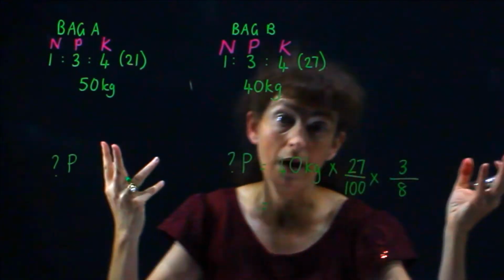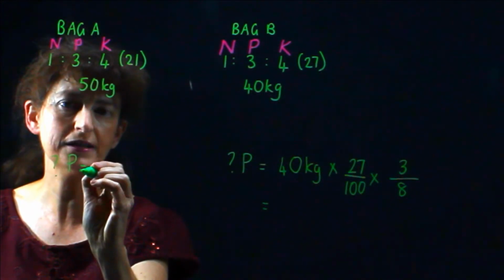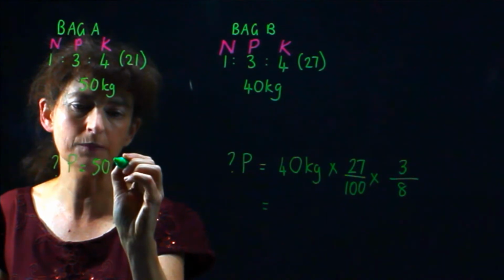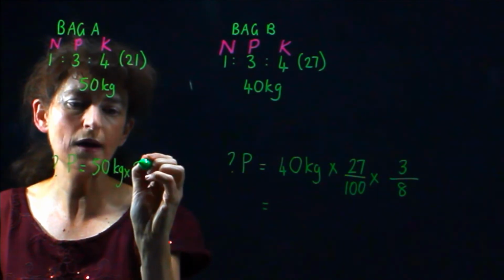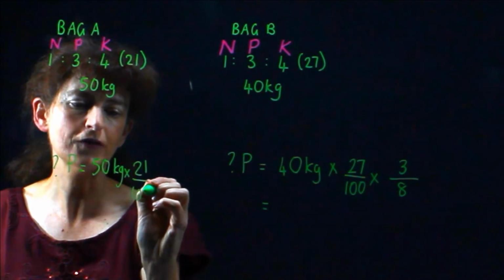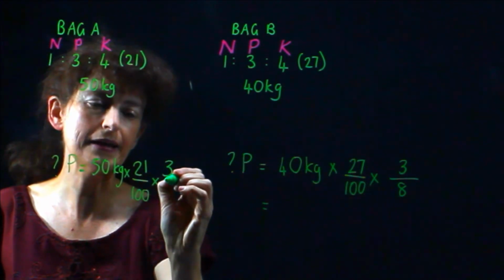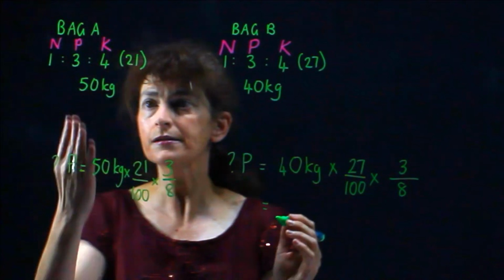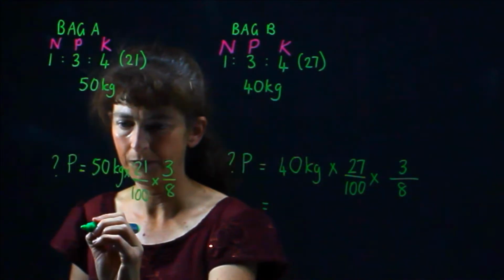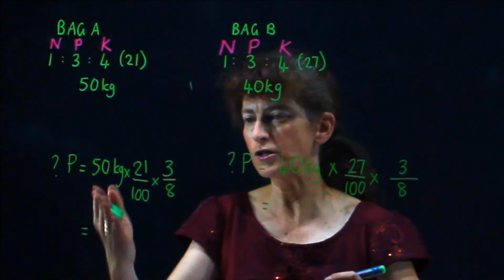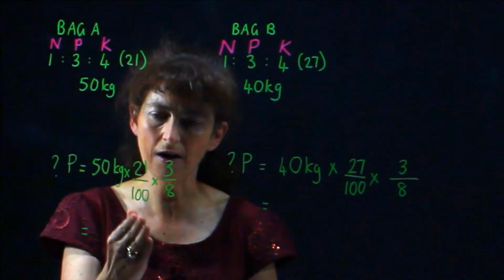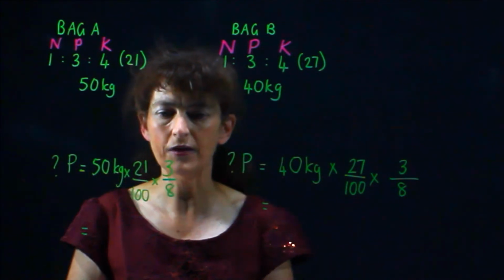Maybe we should have started with bag A. Let's do the same kind of process. So here we have 50 kilograms and 21% of it is fertilizer. And here as well as there, 3/8 of that is phosphorus. So we simply do our calculation. 50 times 21 divided by 100 times 3 divided by 8.